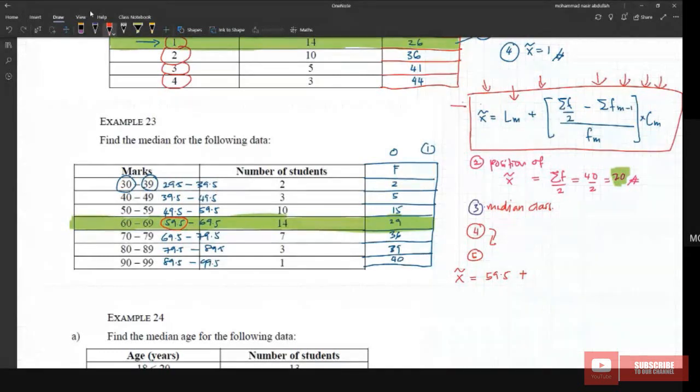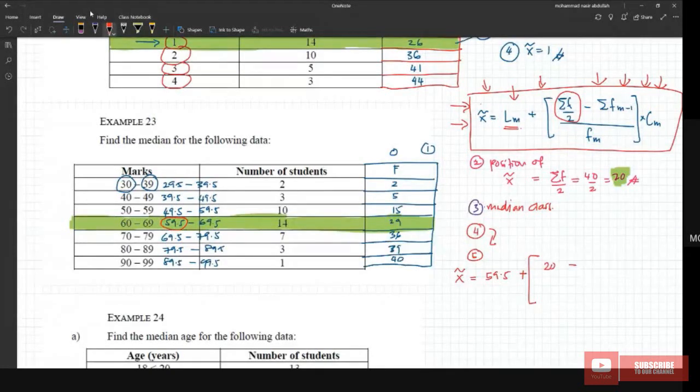First, we are looking at lower class boundary. And then we will find the position of median, which is equal to 20. We already calculated in step number 2, minus summation of Fm minus 1. This is the cumulative frequency before the median class.